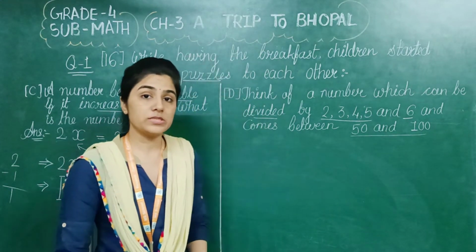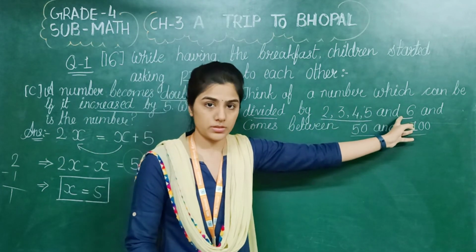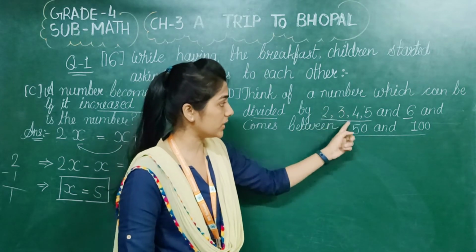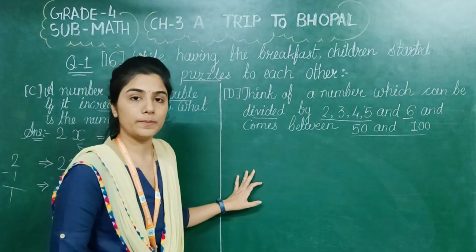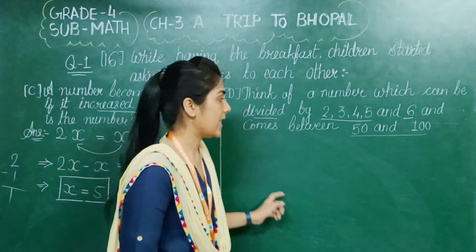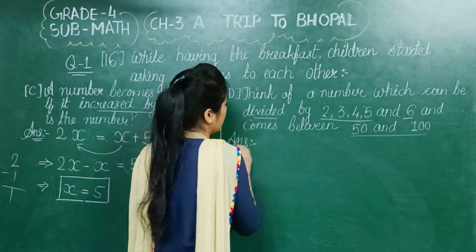So it is not possible to take all the numbers and divide them with all these digits, right? Suppose 51. Will you divide 51 with 2, 3, 4, 5, 6 together? No. So which method do we have to apply? LCM. LCM will come in grade 5, and LCM stands for least common multiple.